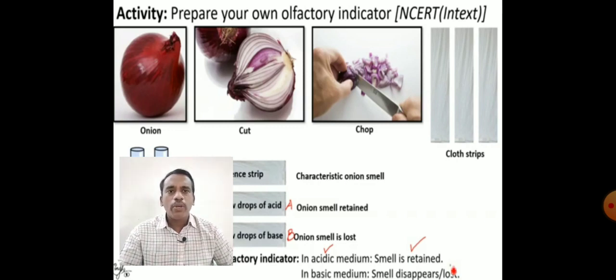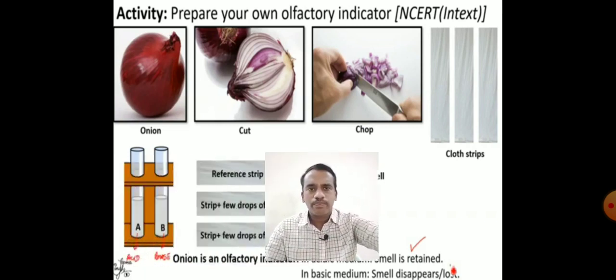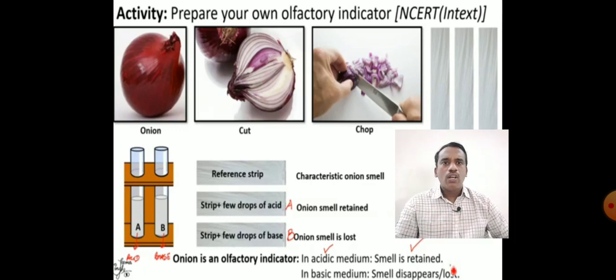And now we are having the 3 cloths. One cloth piece we are calling a reference strip. Means we know what the smell of the onion is. So in order to keep it the same, we have taken one of the cloth pieces as the reference strip.